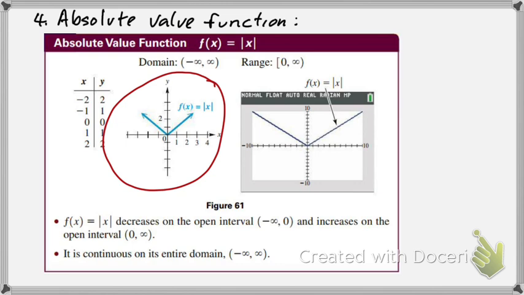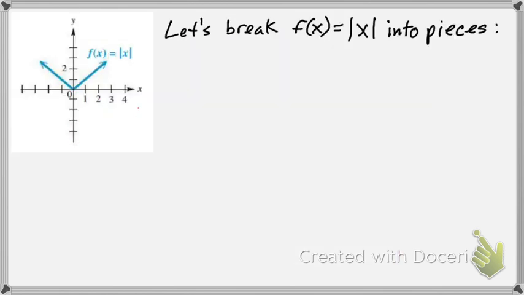And what I want to do is look at absolute value in a slightly different way. So I'm going to break it down into 2 chunks, the left-hand side and the right-hand side. This left-hand side, starting at negative infinity all the way to 0, what could I say about it? Is it increasing or decreasing?